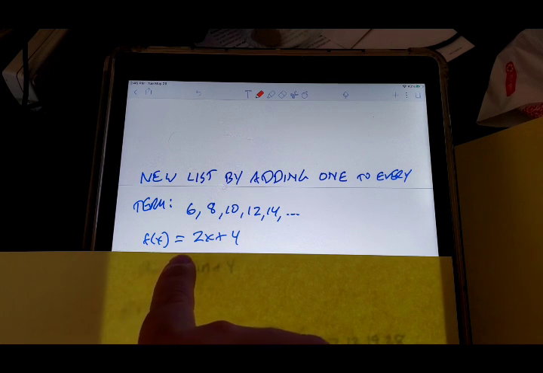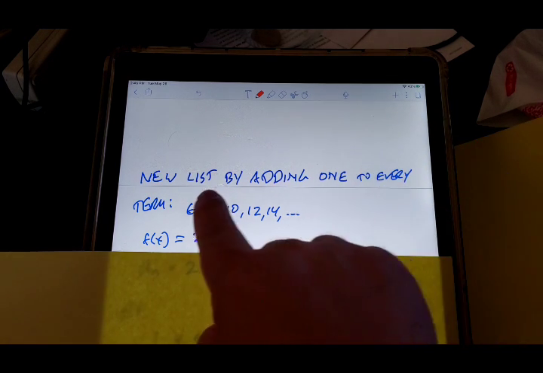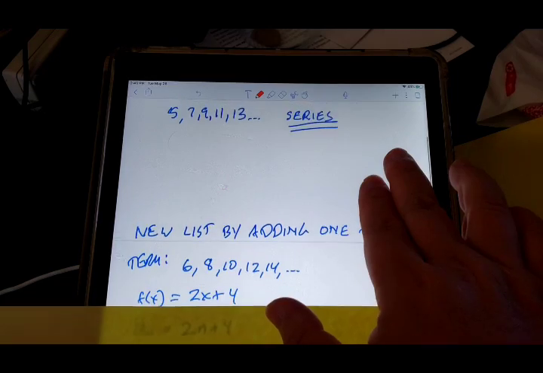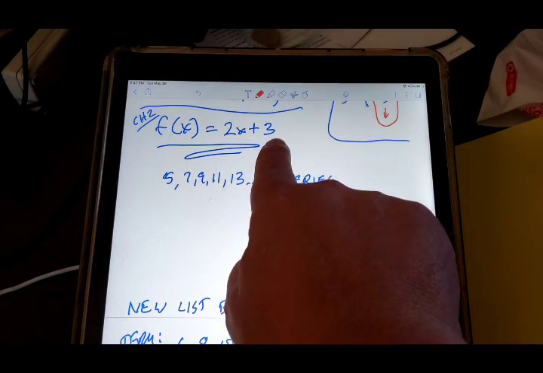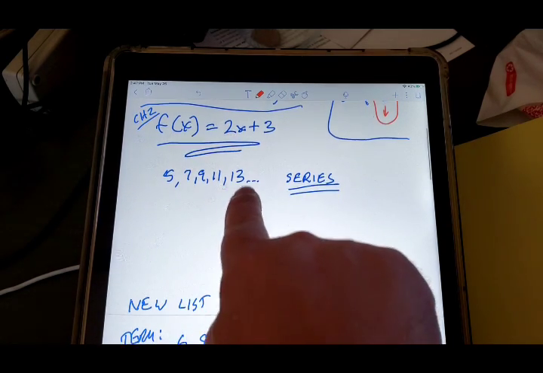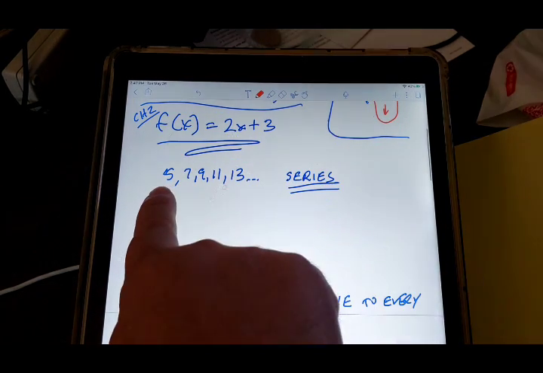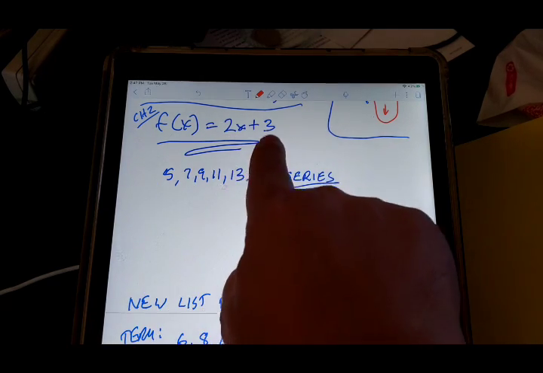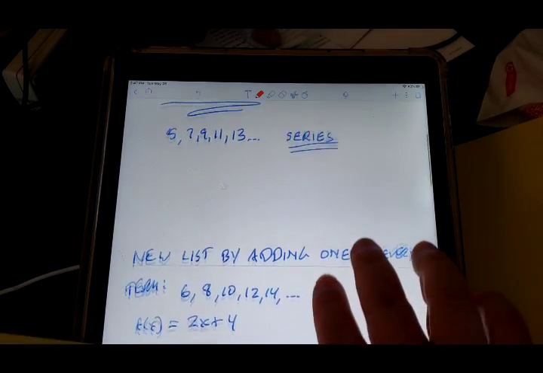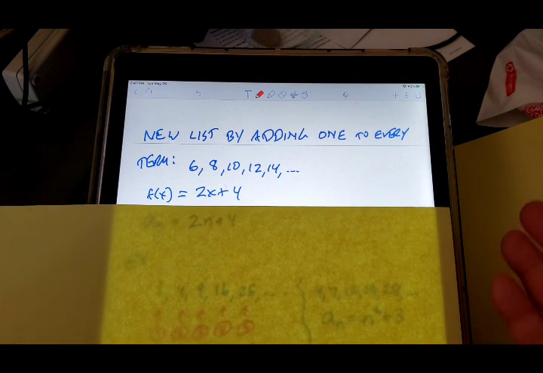By the way, it is 2x plus 4 because remember I added 1 to 2x plus 3. In other words, if these are the numbers that 2x plus 3 gives me, when you put in x equals 1, followed by 2, 3, 4, right? If I add 1 to everything, it would be 2x plus 4.